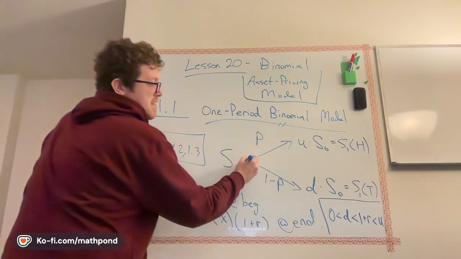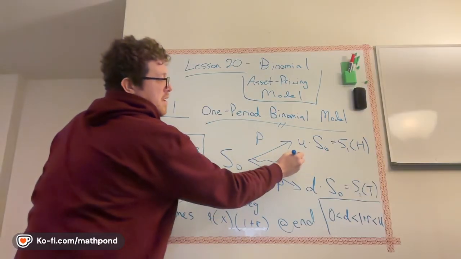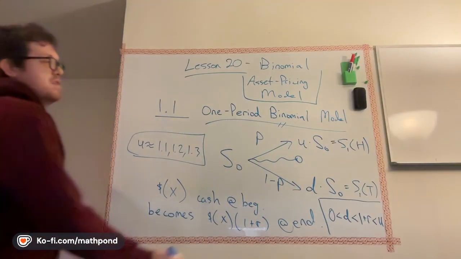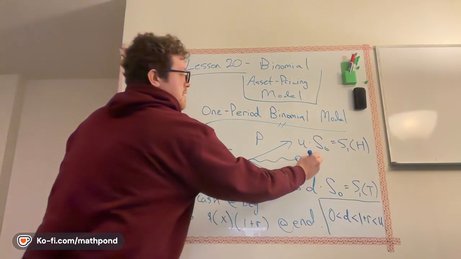So this risk-free rate is somewhere in the middle, right? So I'll just write 1 plus R here.